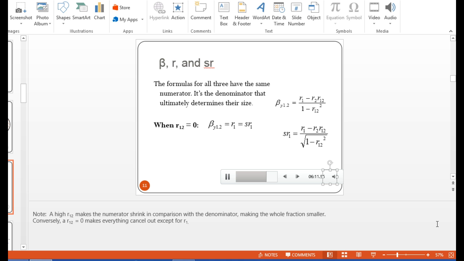So, in summary, understand mathematically, conceptually, and visually, why it is the case that as predictors come together and become more redundant with one another, our betas and semi-partials will get smaller.